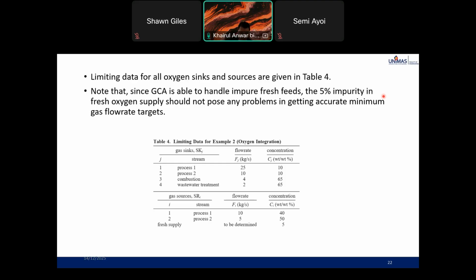So for this case, the fresh oxygen supply is not pure, 5% impurities, compared to the nitrogen in the first example, 0%.